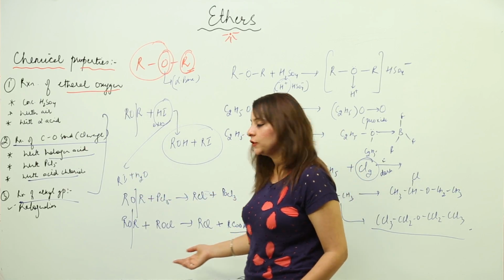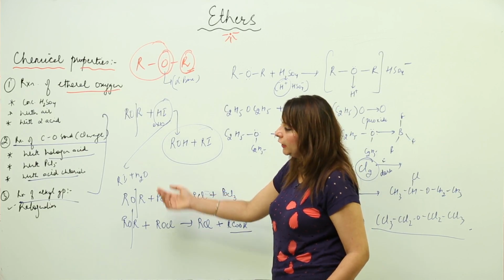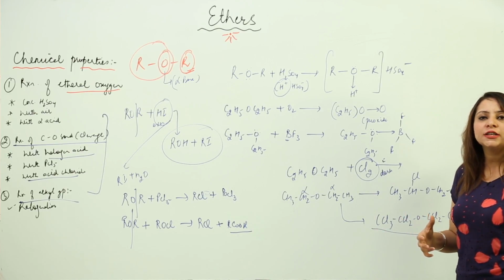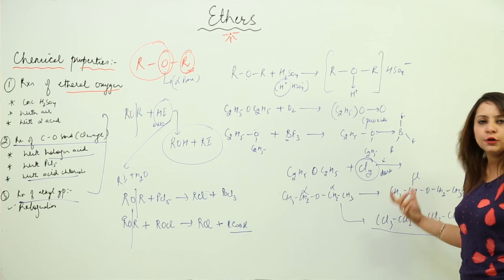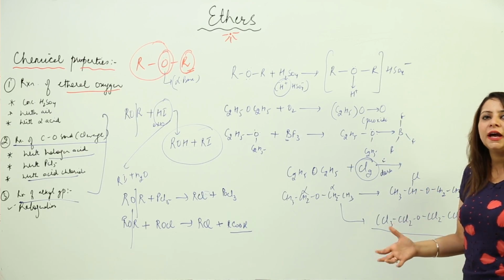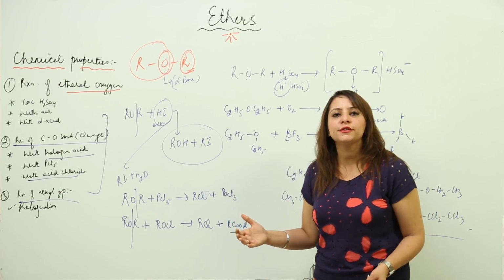With acid chloride you will get alkyl halide with ester. And the reaction of the alkyl group involves halogenation, which I have shown you as chlorination, in which hydrogen is replaced by the halogen, and it occurs step by step, but if you use it in excess, all hydrogen may get replaced by Cl. So these are all about the chemical properties of the ether.